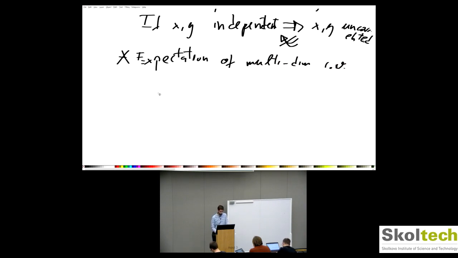Let me write it this way. Let's say our random variable is not single-dimensional, but a vector. In this case it's 2 dimensions, x and y. This is just going to be the individual expectation of each of them.